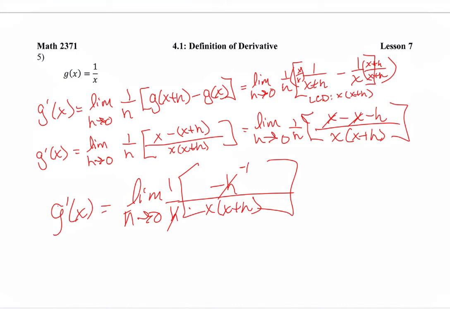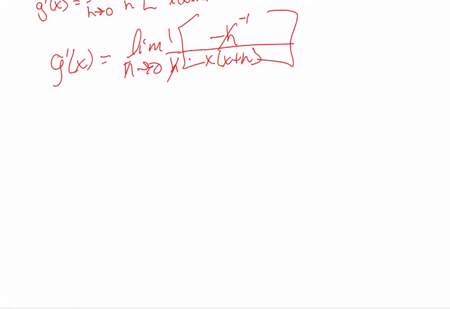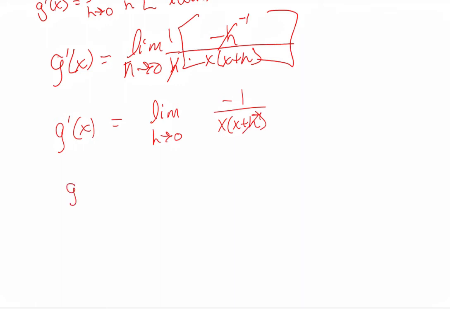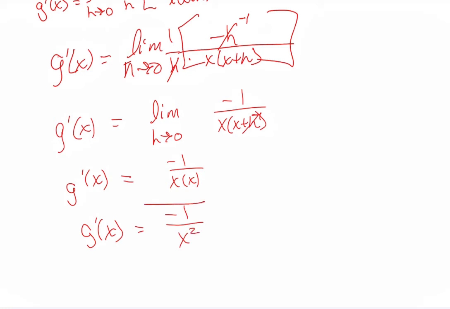So what I have then is g prime of x equals the limit as h goes to 0 of negative 1 over x times x plus h. This h will go to 0, so what I'm left with is g prime of x equals negative 1 over x times x. So g prime of x equals negative 1 over x squared. And that's my derivative. Okay?